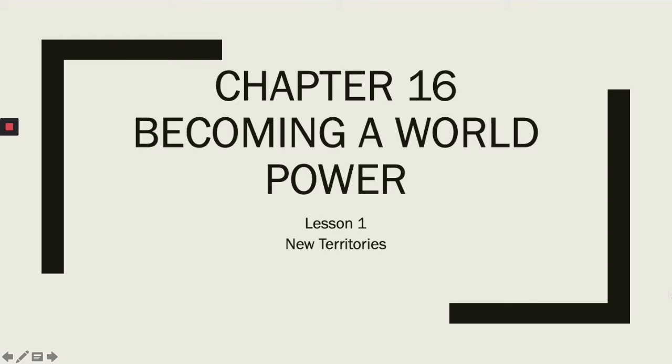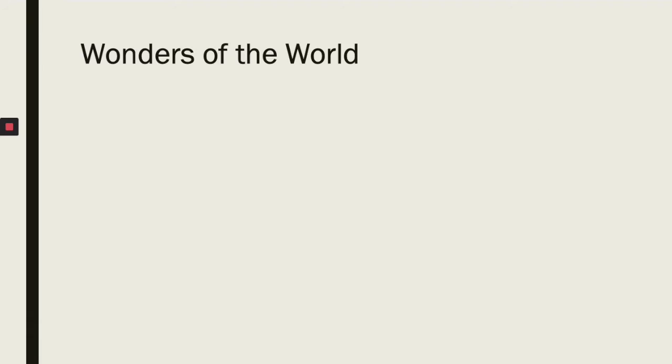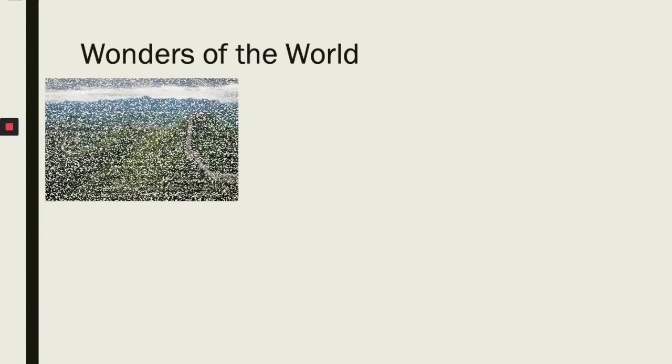All right, so we have the second part of this lesson talking about new territories, and today we're focusing all on something that now many would consider to be a wonder of the world. Here are a few of the different wonders of the world that we know of.